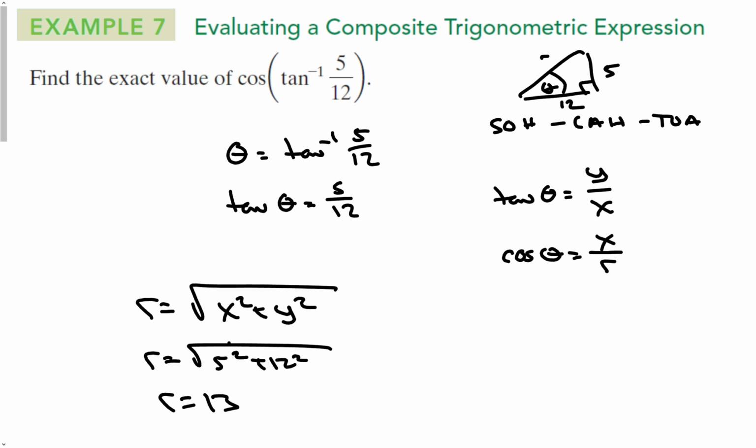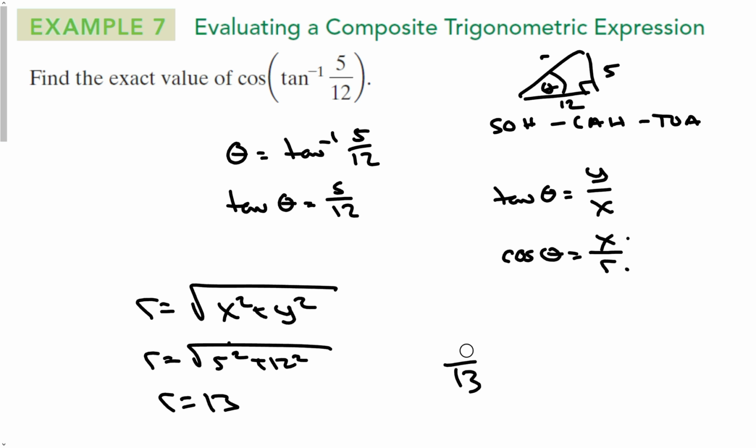So the cosine of the angle is going to be the x coordinate over the radius. So the answer would be, x coordinate, 5 over 13. No, adjacent.